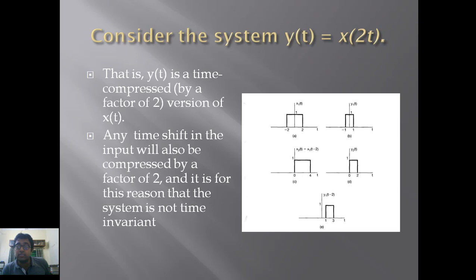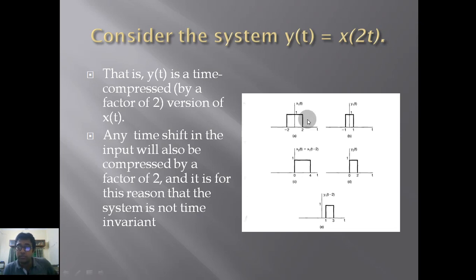In the first case, x of t is equal to 1 when t is between -2 and 2. After the time shifting, x of t will be 1 if t is between 0 and 4. That's the change we get after the time shifting.